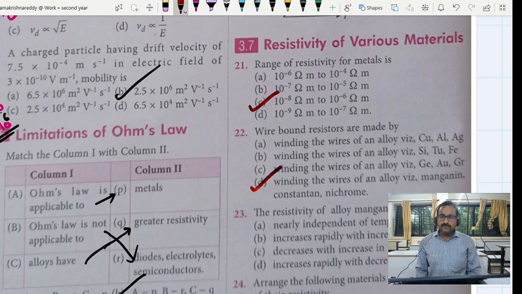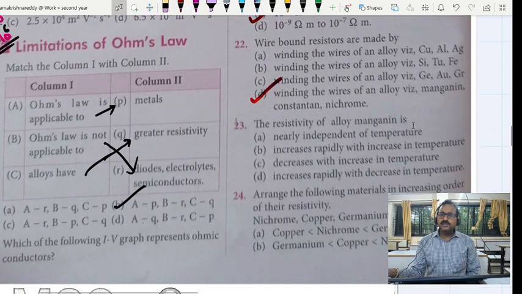That is the fourth option. The resistivity of alloys like manganin, constantan, nichrome is nearly independent of temperature, as I already told you.